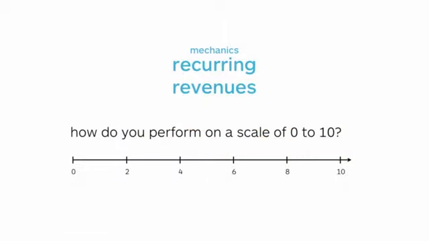Those are recurring revenues. Now look at your business model and ask yourself, do you only have transactional revenues, so you would perform closer to the left-hand side, or do you have recurring revenues that you might even be able to project over years, which would mean you're more on the right-hand side of the scale?